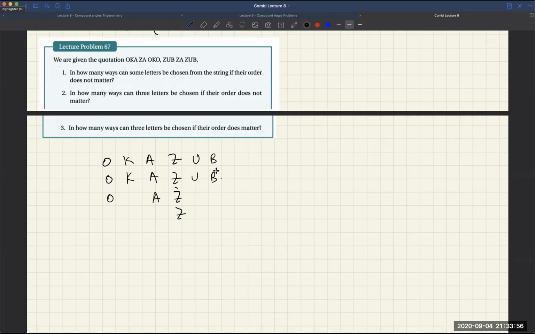So Z has 4 occurrences, A has 3 occurrences, O has 3 occurrences, and U, B, and K have 2 occurrences. This is what I have in front of me.